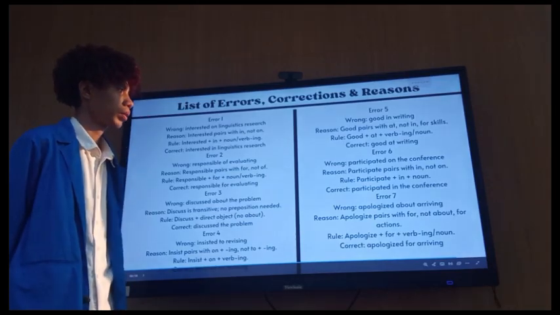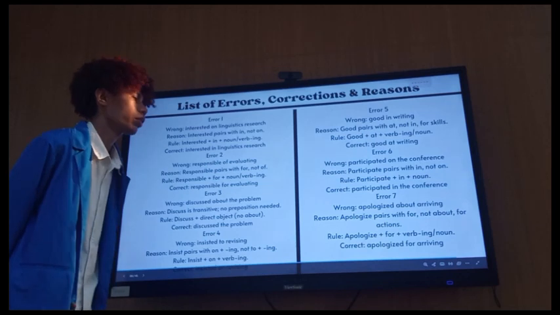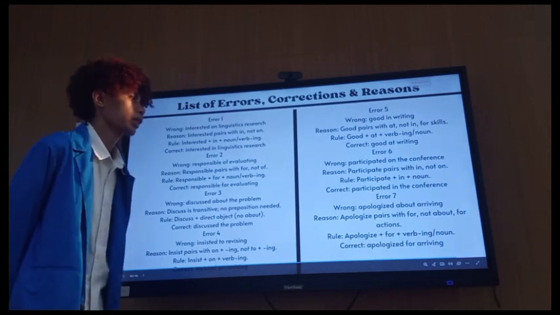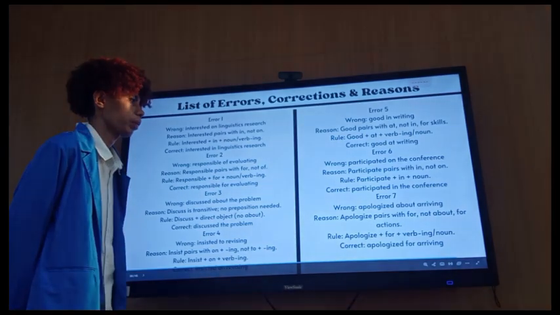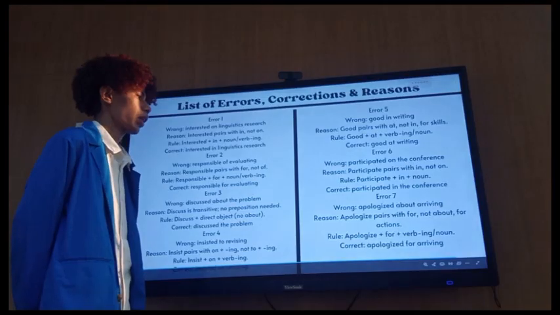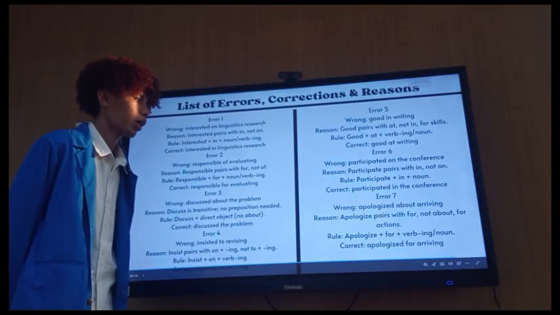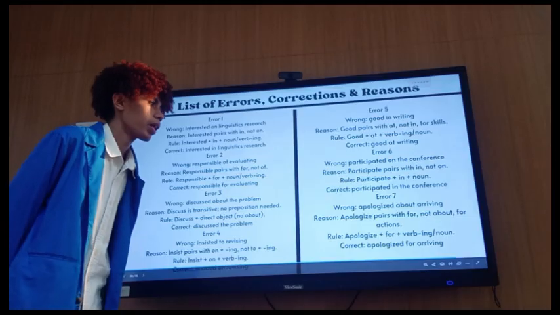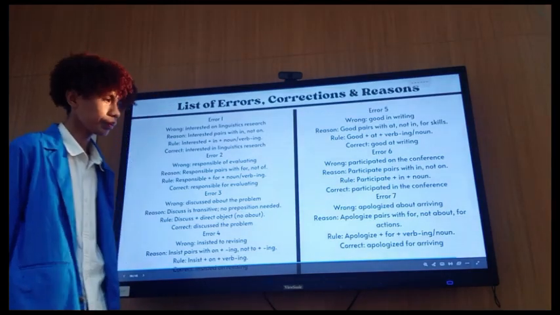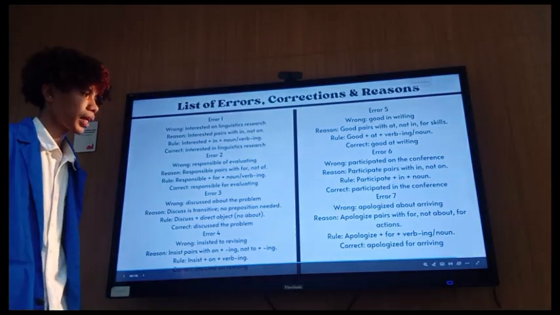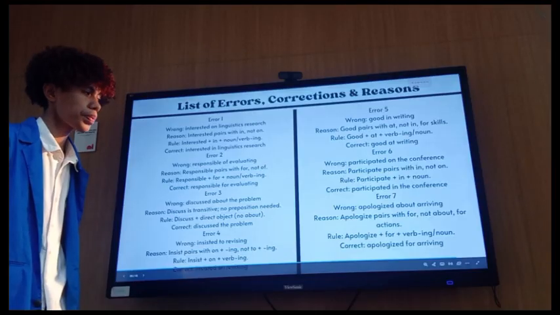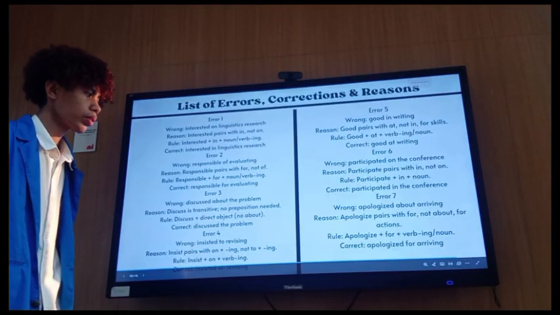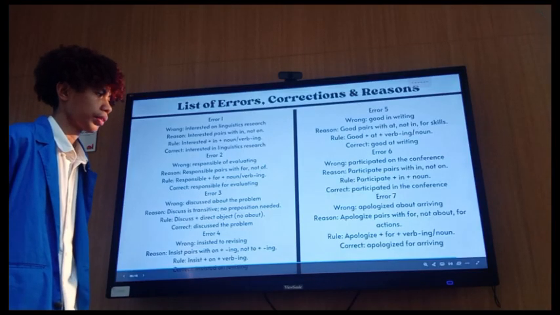Reason: "participate" pairs with "in", not "on". Rule: participate in plus noun. Correct: "participate in the conference." Error 7. Wrong: "applies about arriving." Reason: "apply" pairs with "for", not "about". Rule: apply for plus verb-ing or noun. Correct: "applies for arriving."